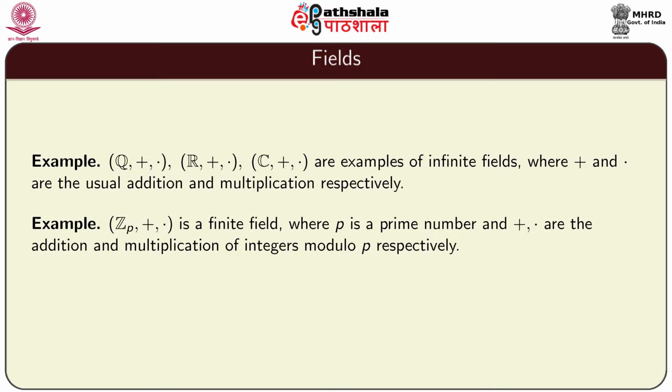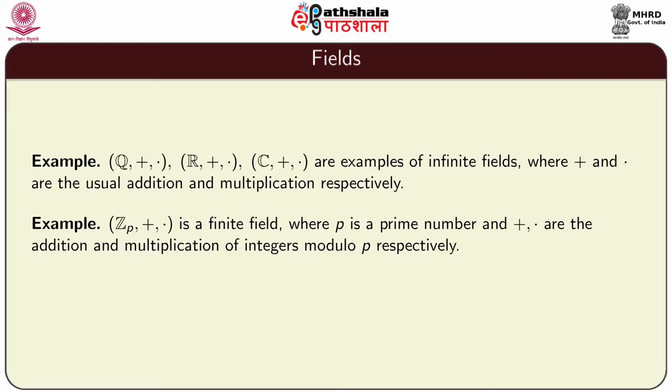Now, if you take the collection of remainders, there are p of them, and you can define the addition of these remainders, but you have to keep in mind that whenever you add and it gets bigger than p, then you have to read it modulo p once again and bring it back to a number within 0 to p minus 1.